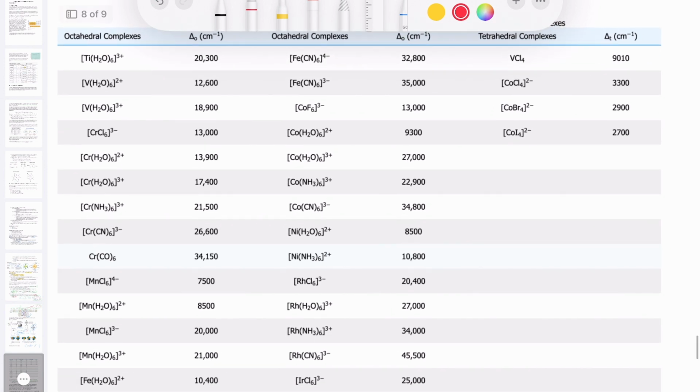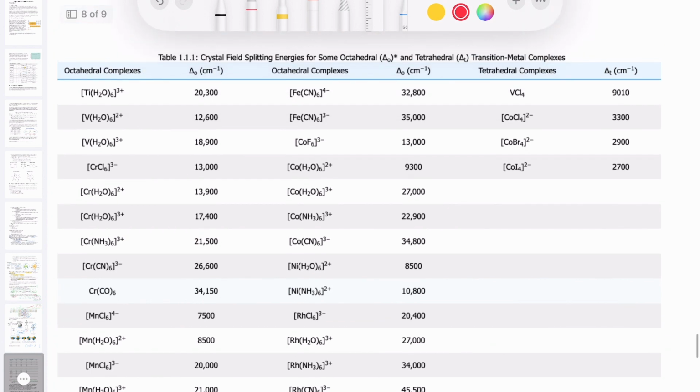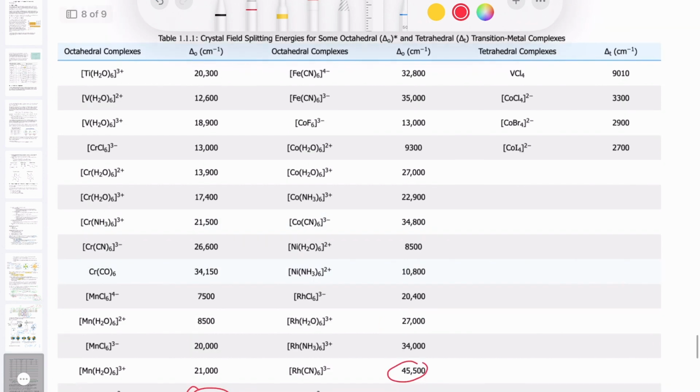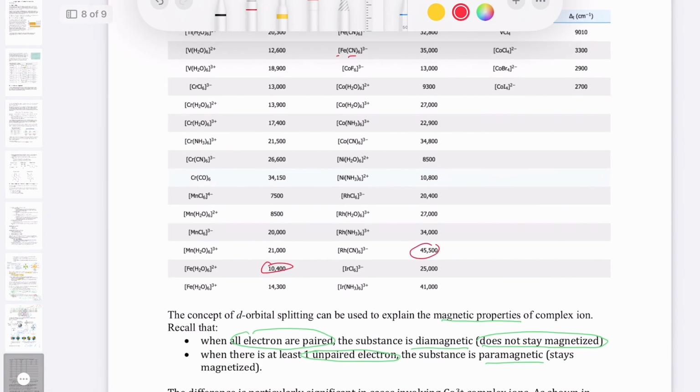And you can see that it goes from something as low as like 10,000, for example, in wave number units, to something that is 45,000 here. So you can see that some of these have either really small energy or really high energy. But the idea is that having different types of metal and ligand combinations really affects the value of the energy gap between different complex ions.